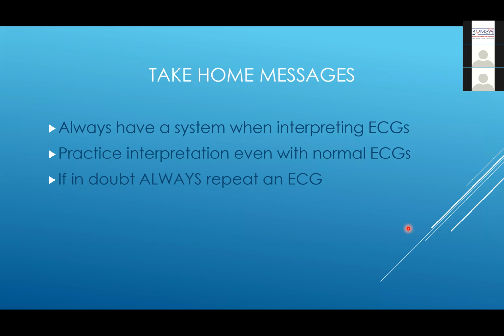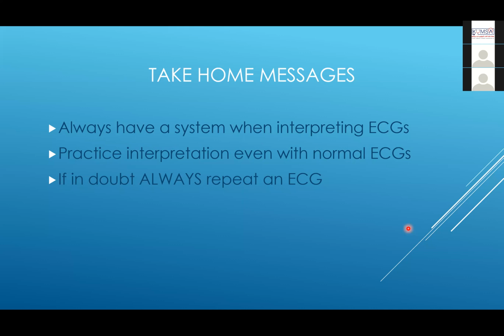So I think we're perfect on time. Our take-home message is, even though I work in the CCU now, to this day I still use rate, rhythm, axis. I'm very religious with the way I read my ECGs. So have a system, and always practice interpretation, even with normal ECGs.